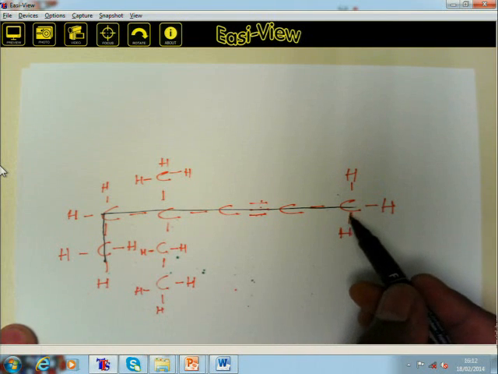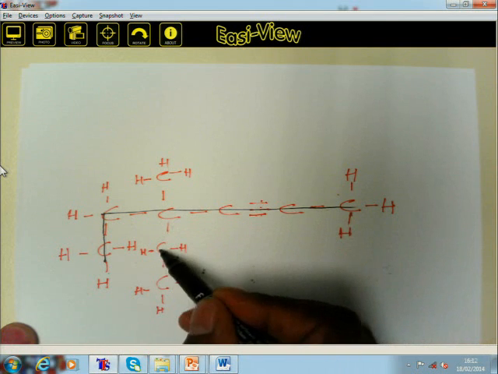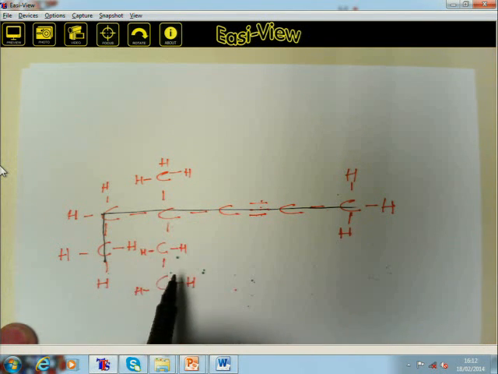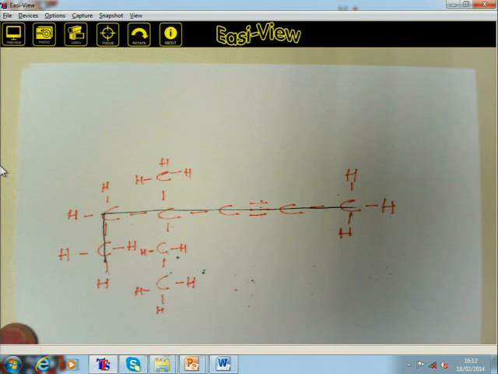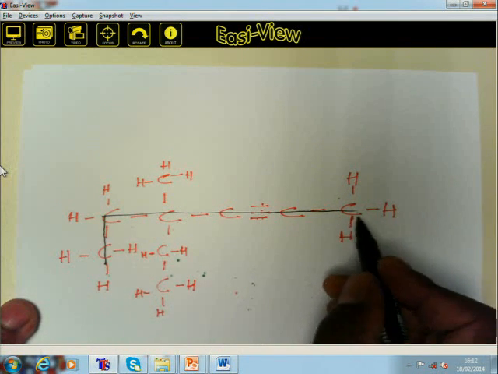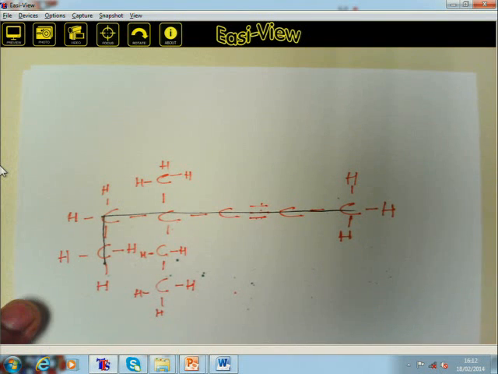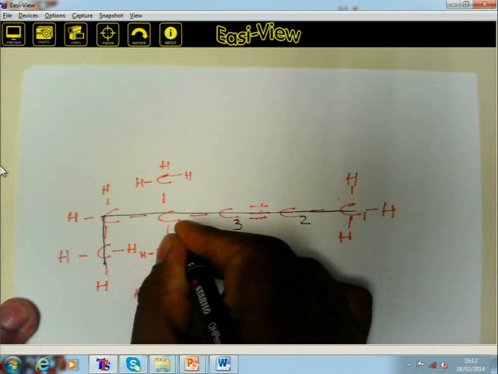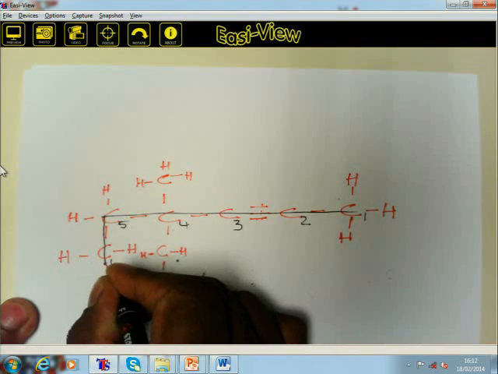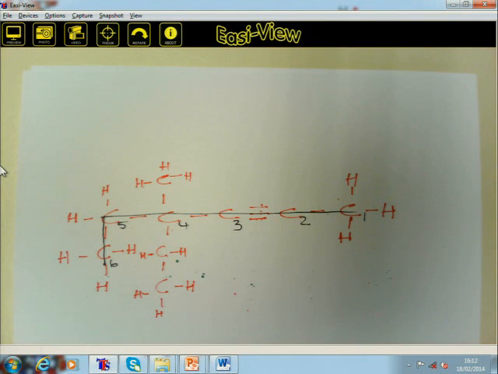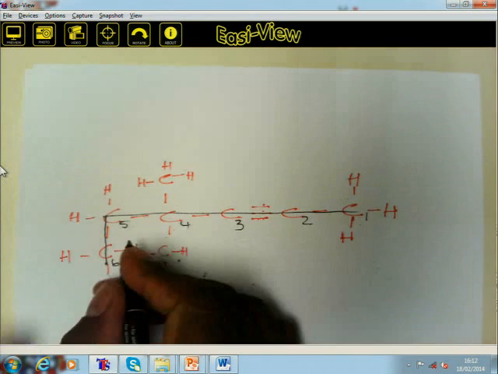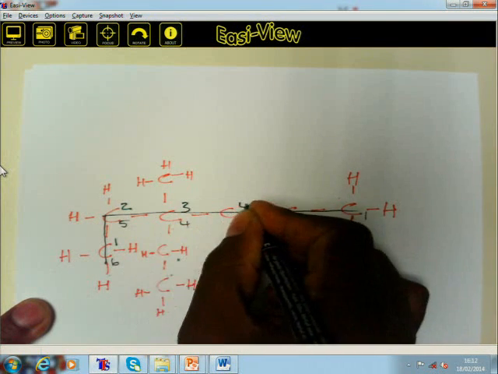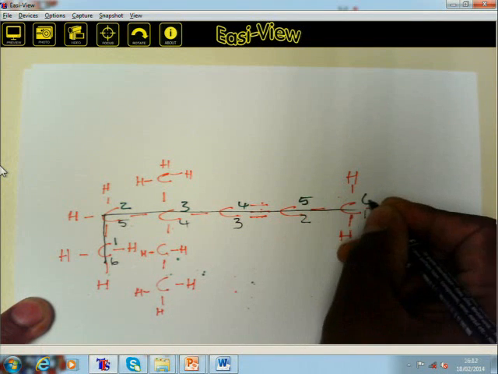And then if I go this way, I've got 1, 2, 3, 4, 5, 6. I still have 6 carbons in the long chain. But I'm going to take that one as my long chain. I'm going to number it 1, 2, 3, 4, 5, 6. And I'm going to use another color for numbering. 1, 2, 3, 4, 5, 6.